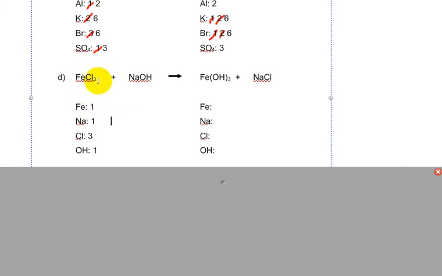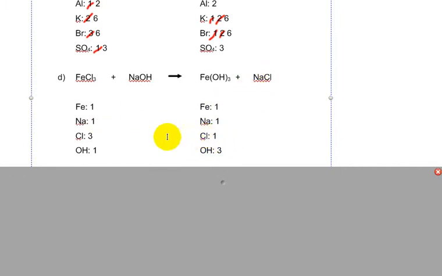And so 1, 3, 1, 1. Over on this side we have 1 iron group, 1 sodium, 1 chloride, and 3 hydroxide groups. Okay, so we're good with the iron, we're good with the sodium.